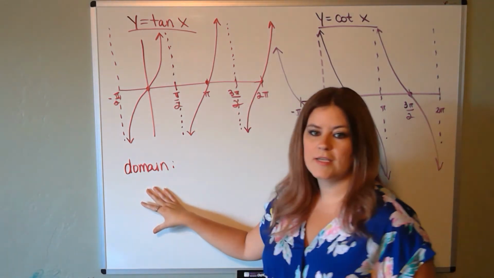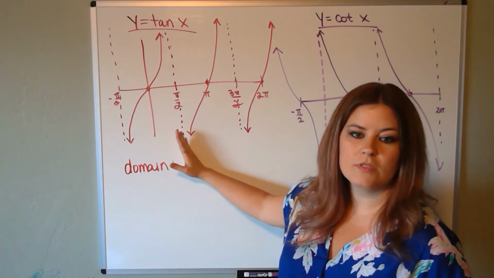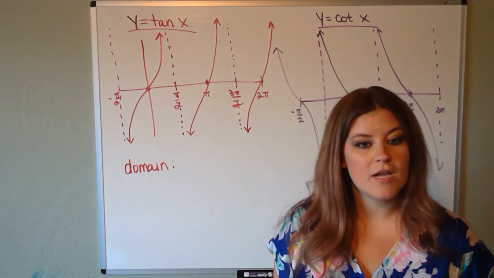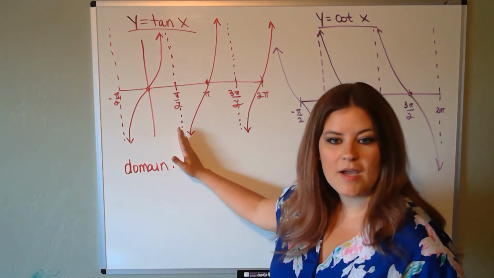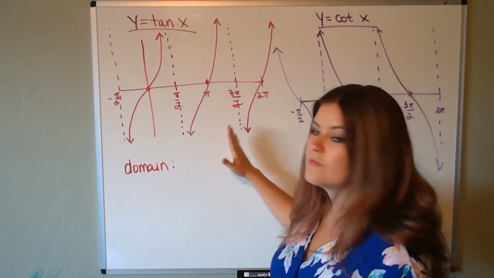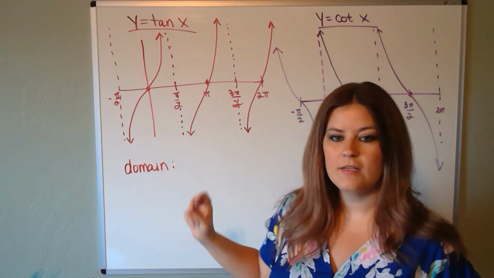And even before I get into that, why is tangent undefined at pi over 2? Remember, tangent is always y over x? Well, the x value is 0 at pi over 2. So pi over 2, 3 pi over 2. If you have that 0 on the bottom, that's what's making that undefined.